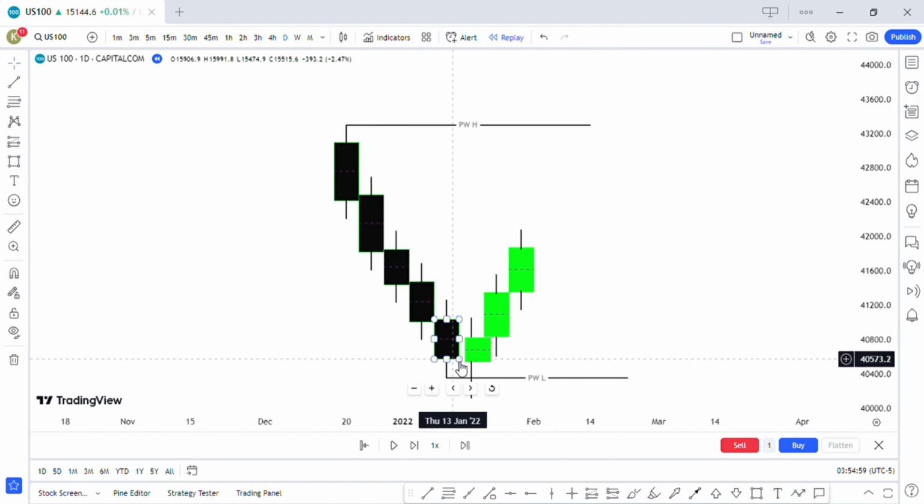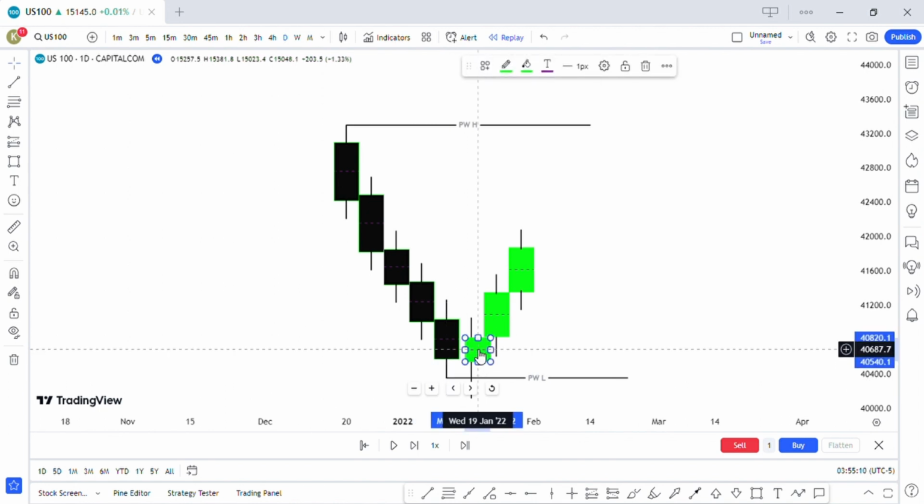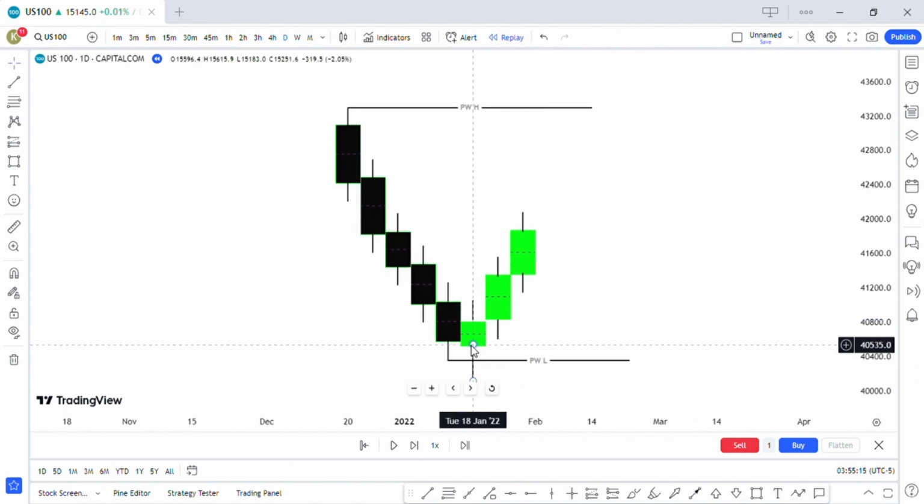But when you get here on Friday, we see the market making this low, a previous week's low. And when the market opens again, what does it do? The market opens here, goes and takes out the previous week's low, but fails to close below it.